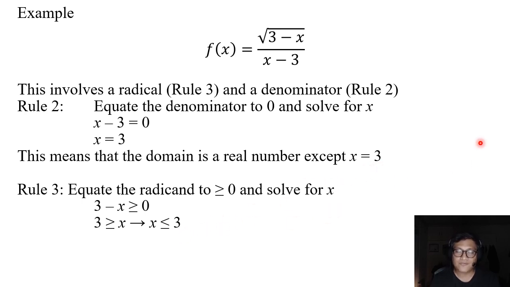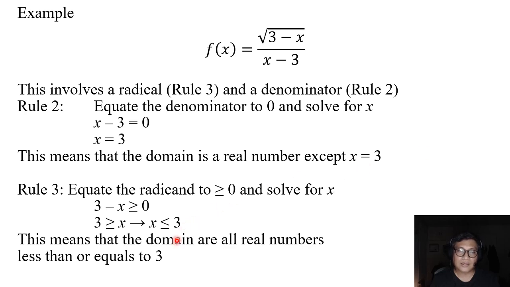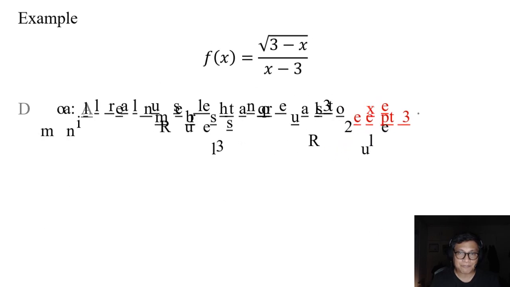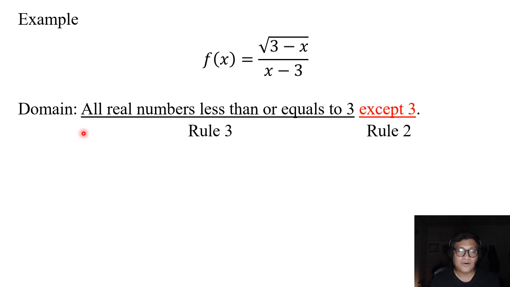So if we are going now to make a statement here to find the domain, okay, then this is what it looks like. All real numbers less than or equal to 3 except 3. So, meron tayo dito equals to 3 except 3.